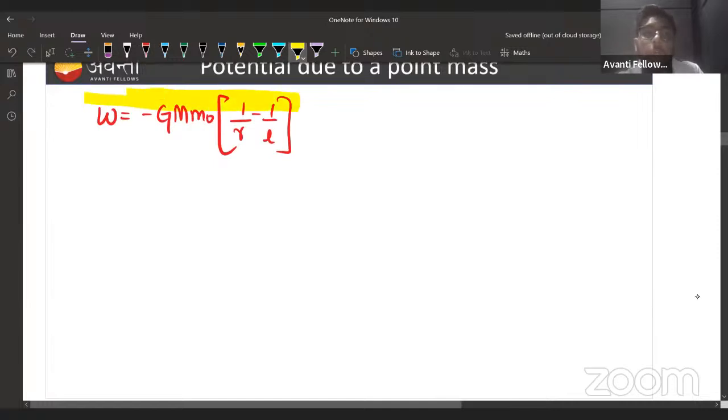Now, we calculated work done, right? Physicists defined this scalar quantity, potential, as work done per unit mass. This is defined by physicists. So what will be the potential in this case?